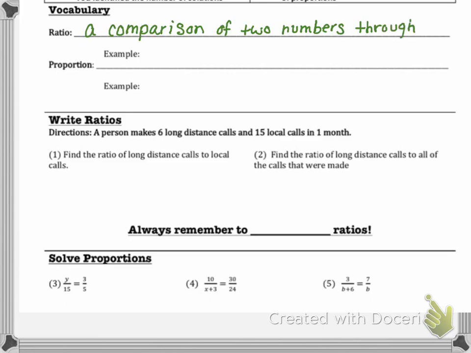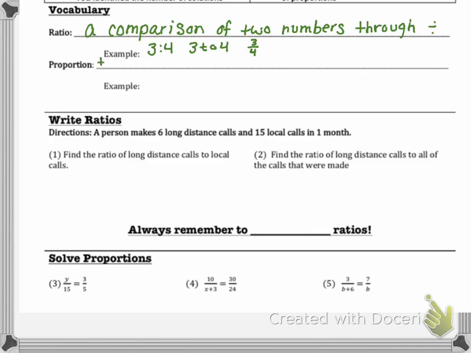We can write a ratio in 3 different ways. If I was saying that the ratio of boys to girls in the class was 3 to 4, I could write it like this, 3 colon 4. I could write it out as 3 to 4, or I can write it as a fraction, 3 over 4.